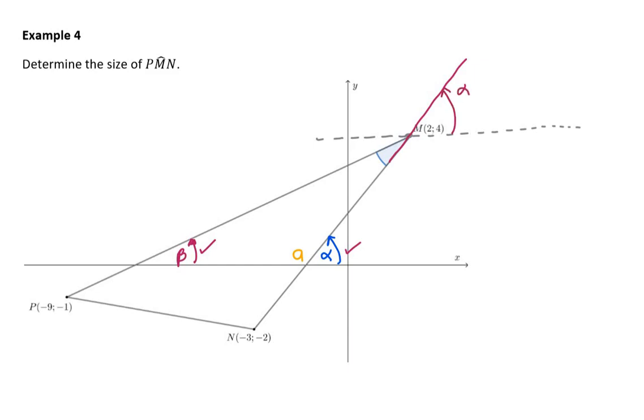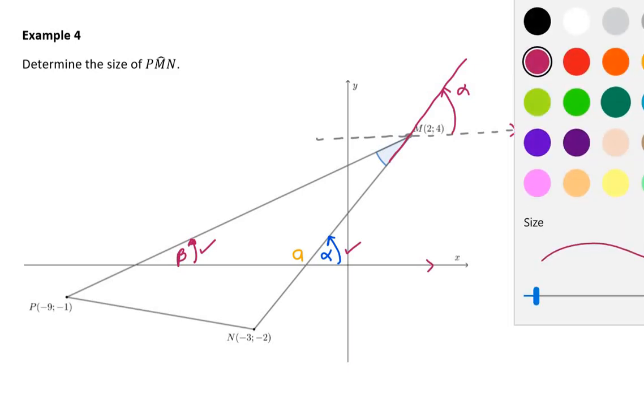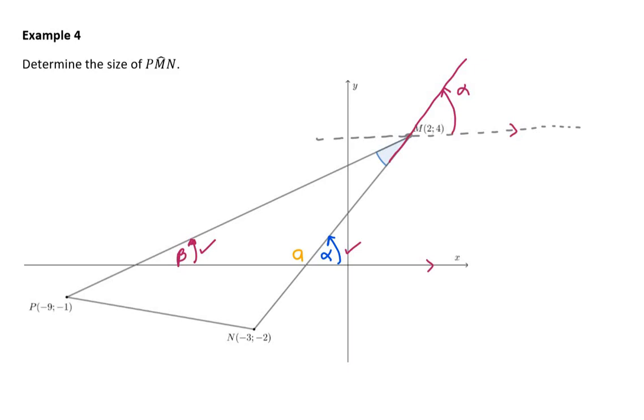Now, that should be fairly obvious to me because these lines are parallel, and so those alphas, they're corresponding. So the angle of inclination is the angle anti-clockwise from any horizontal line, basically. Now, if I continue this line over there, that is beta.